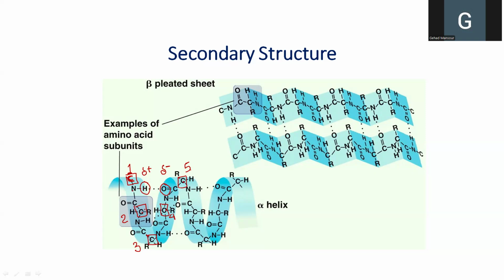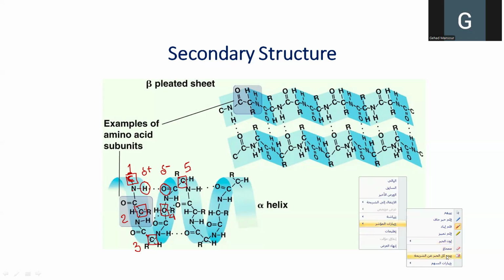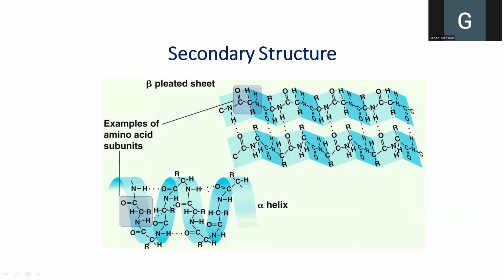Of course, we will never ask you about these details, but in order for you to understand how this folding has been done and that it is done in a special order, what's most important to understand, first of all, is that this folding into an alpha helix occurs via hydrogen bonds. And just like any hydrogen bonds, we would have a partially positive hydrogen on one side and a partially negative oxygen on the other side.